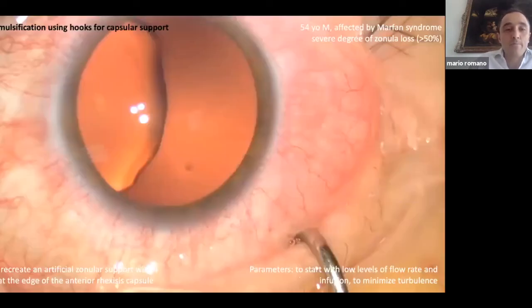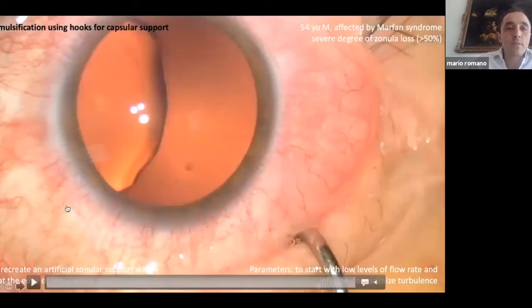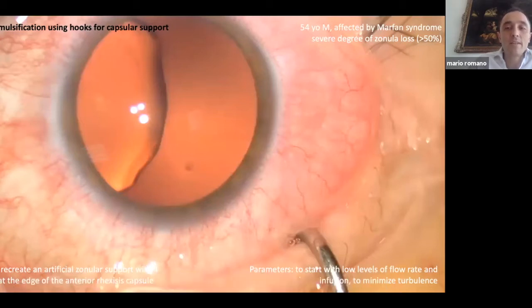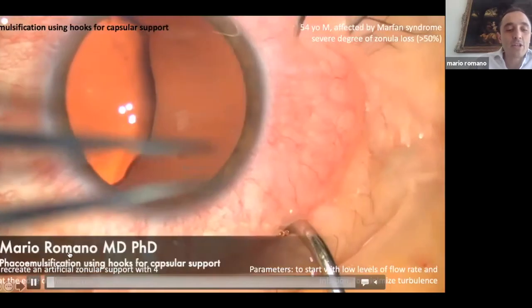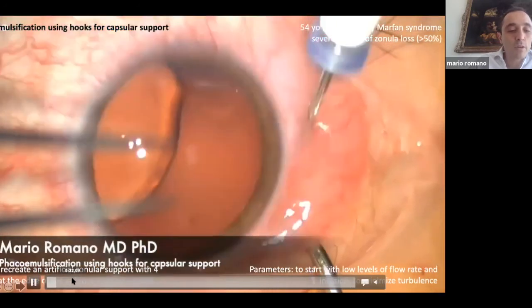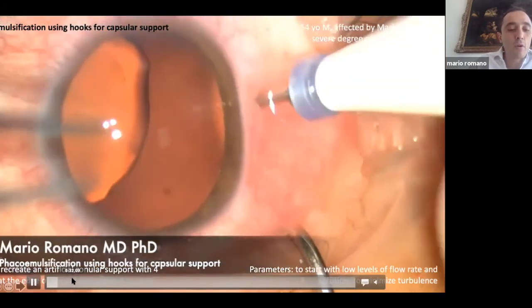minimize the strain. This is an example of a surgery in a Marfan syndrome, 54 years old male with a severe degree of zonula loss. And so what I did, I was creating an artificial capsular support with 4 hooks.